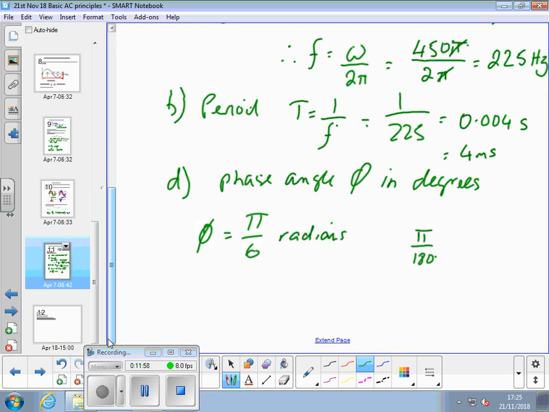If you do 180 over pi, that's how many degrees it is per radian.